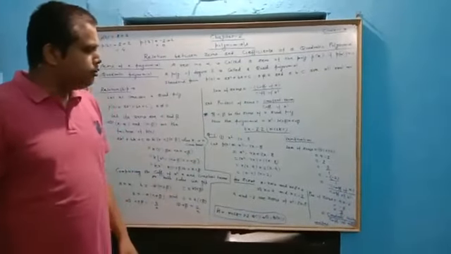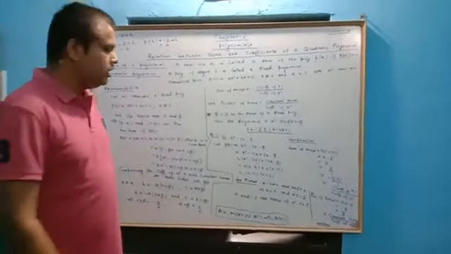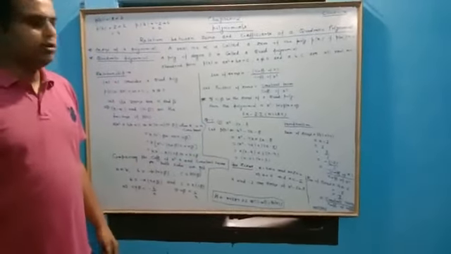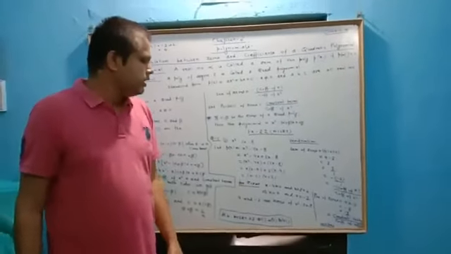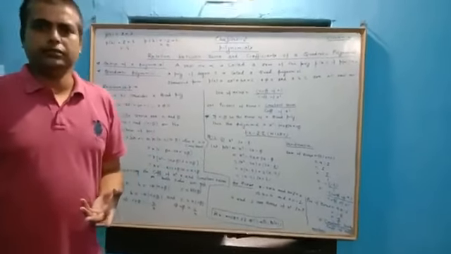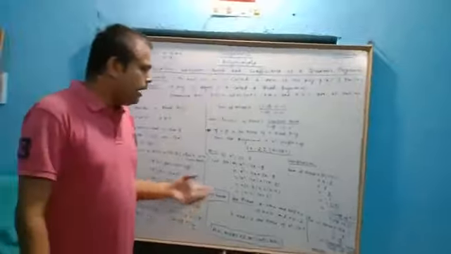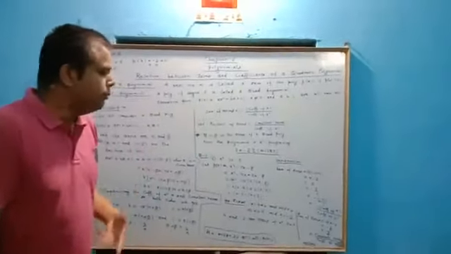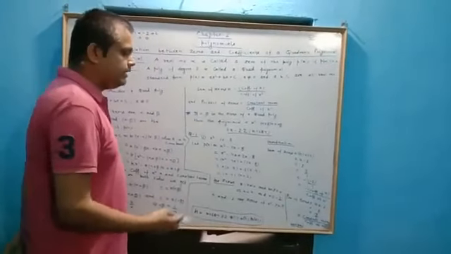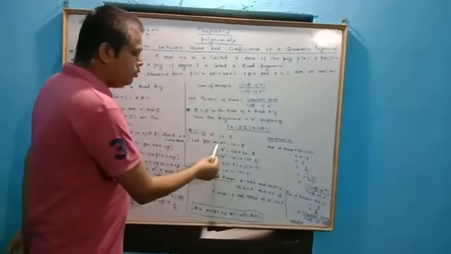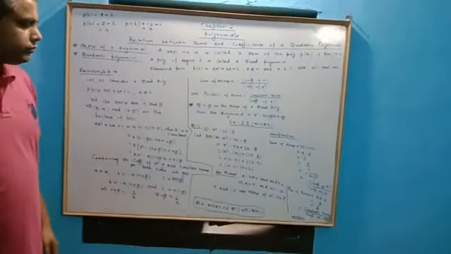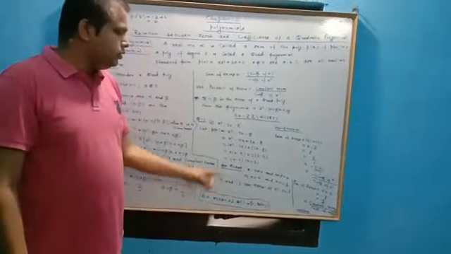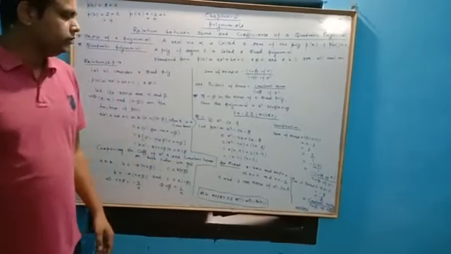This minus 2x can be written as minus 4x plus 2x, because minus 4x plus 2x is equal to minus 2x, and also minus 4 into plus 2 is equal to minus 8. So we can write minus 2x is equal to minus 4x plus 2x.